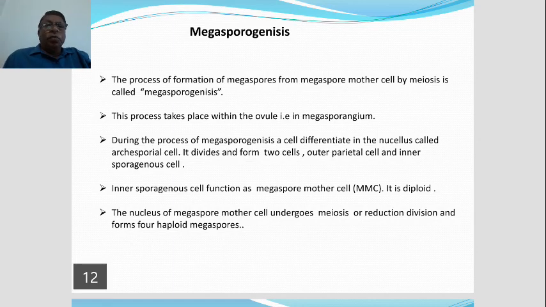The microspores or pollen grains are formed from the diploid pollen mother cell by undergoing meiosis. We call them microspores or pollen grains. The pollen grains are always haploid.